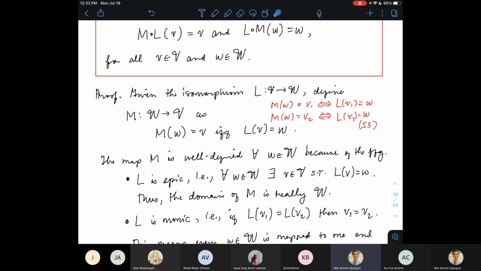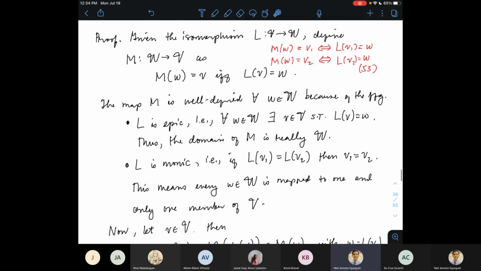They're both equal to W. But we know that L is monic, so that implies V1 must be equal to V2. So W is indeed mapped to a single element in the codomain, and M is a well-defined mapping. It is truly a function with domain W, and that's due to the fact that L is both monic and epic.